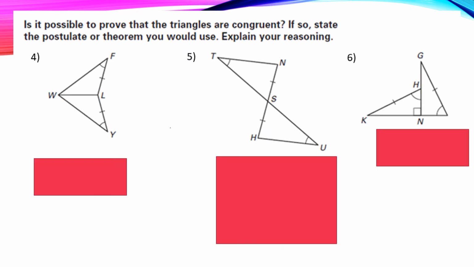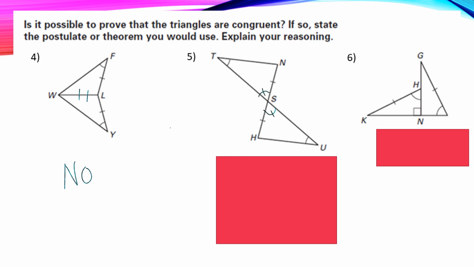Then our last ones here. Is it possible to prove the triangles are congruent? Number 4, those are reflexive, but it would be angle, side, side, or side, side, angle, so we cannot say that because that does not exist. Number 5, these two would be congruent.